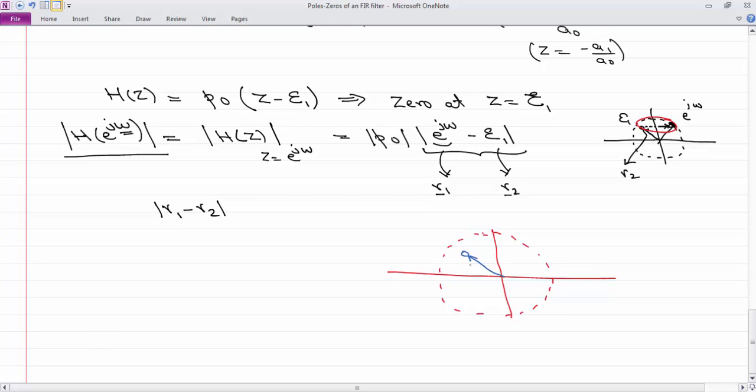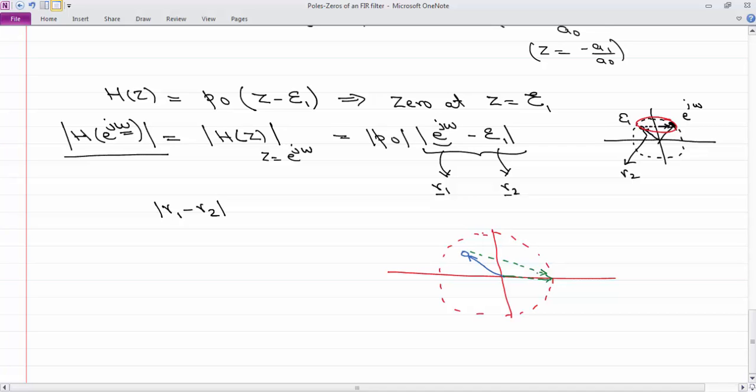Okay, but the other vector is changing as I go from little omega equal to 0 to little omega equal to pi and all the way back, right? So for little omega equal to 0, you are starting here, and the length is this much, right? This means that if the 0 is very far away from omega equal to 0, your magnitude response is pretty high.